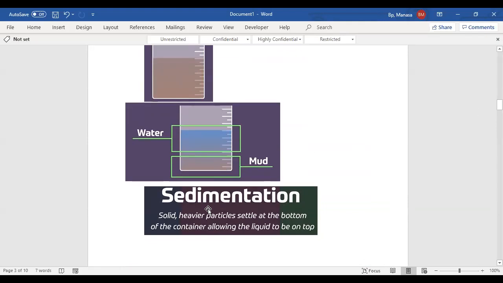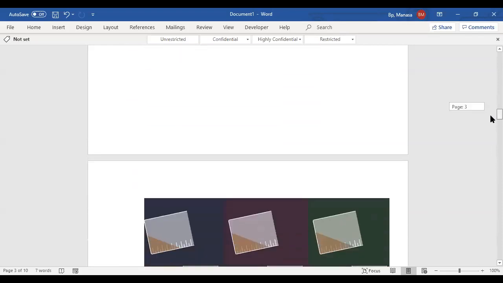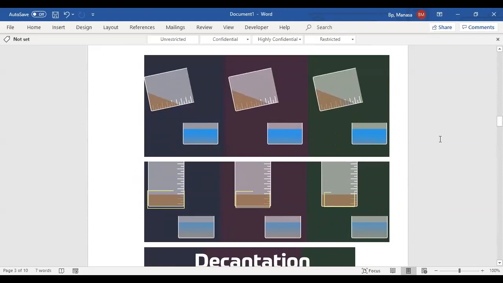Heavier solid particles settle at the bottom of the container, allowing the liquid to be on the top. This is called sedimentation. Then they pour the water, which is floating up, into another container.